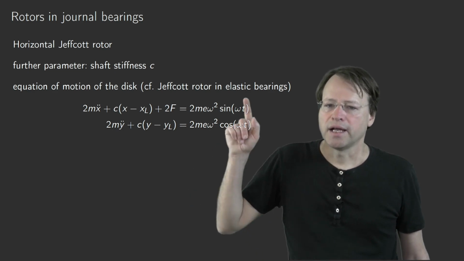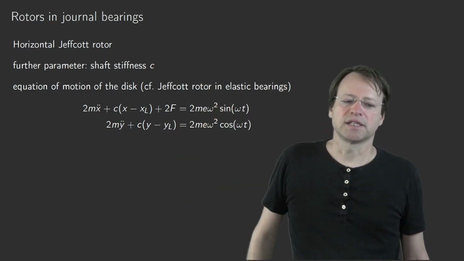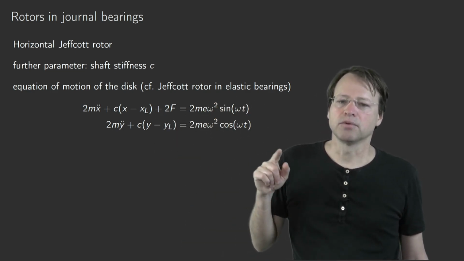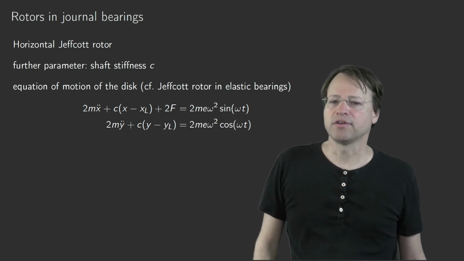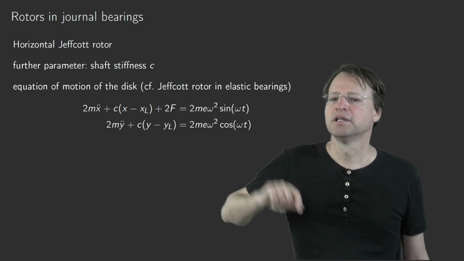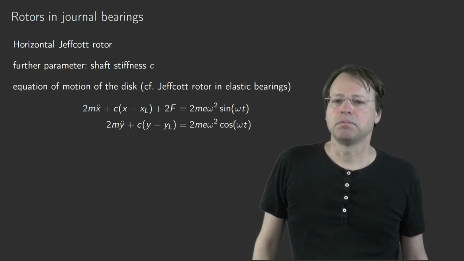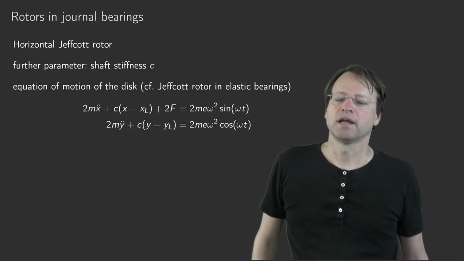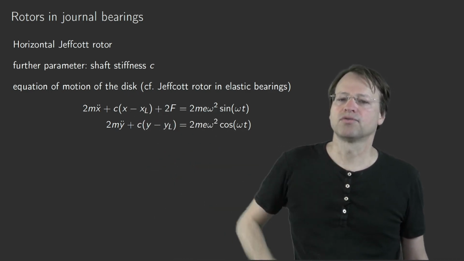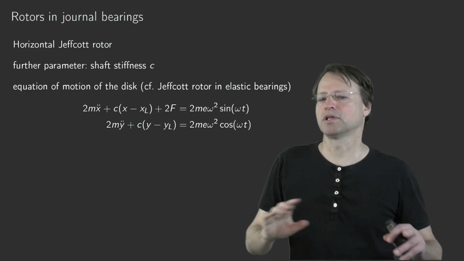It is exactly the coordinate XL that is of importance for the bearing forces. They do not appear here. There is just a balance for the disk, and thus just the restoring force of the shaft, which is modeled as a spring.